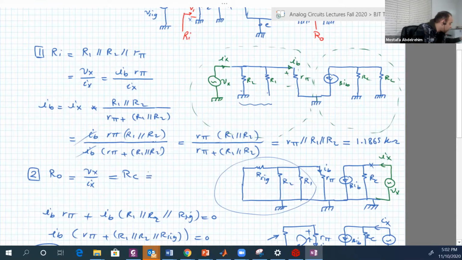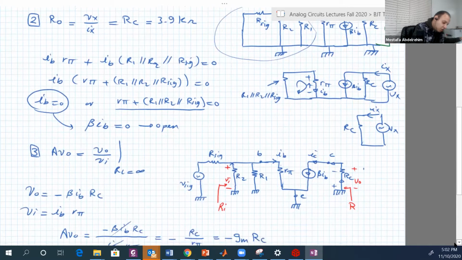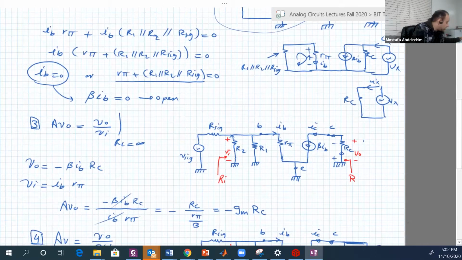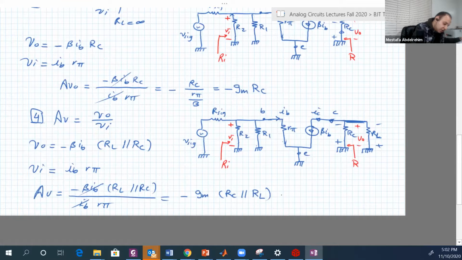RC, of course, is simple, 3.9 kilo ohms. For AV naught, I didn't do that, but I did for AV. So AV is equal to minus 97.671. You can guess? No, we can't because RL is different from RC. So you guys do AV naught, minus GM RC.